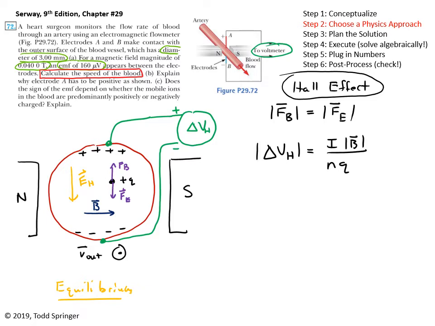Either T, I'm going to call it T, is a thickness, and N is a number density of charges. So those are the two. The second one is maybe the one main equation for Hall effect, but I like the first one best because it kind of encodes the story of what's going on. It's not just plugging numbers into an equation.